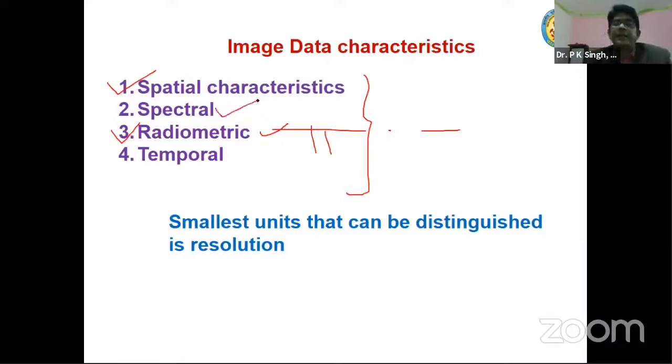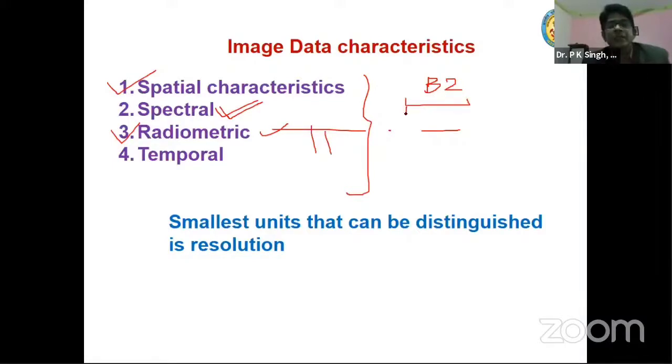The other is spectral. You have to recall the wavelength range of that band. That is spectral resolution, spectral characteristic. Suppose you are taking band 1 of LISS 3. It is known as band 2. See, it is band 1, but it is written as band 2 because it is falling in the green zone.